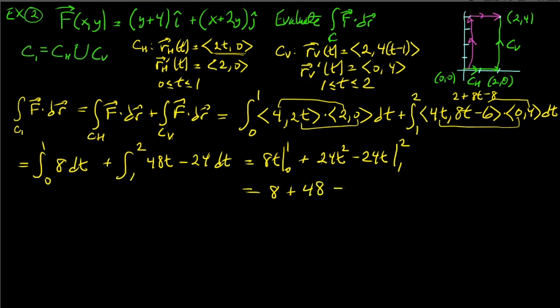And then when you plug in 1, you get 24 minus 24, which is 0. So I think I did that right? It's 24 times 4 minus 24 times 2. Yep, so that is 48. And 8 plus 48 is 56. So I could have done that here, right? 8 plus 48 minus 0. So this is just 56. Okay.